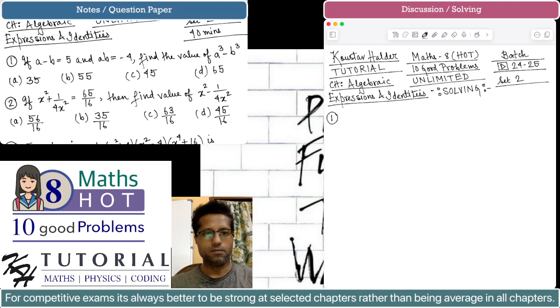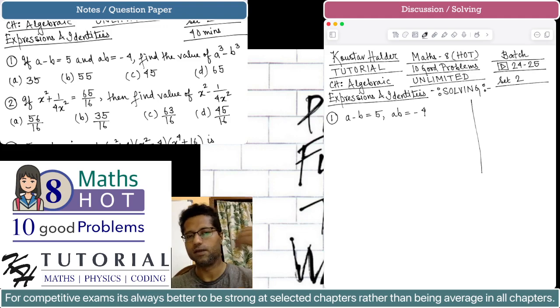The first problem: it is given that a minus b is equal to 5 and ab is given to be minus 4. We have to find the value of a cube minus b cube. Whenever you have to find some values that involve the cube of any variable, then you must remember the identities regarding the cube of variables.